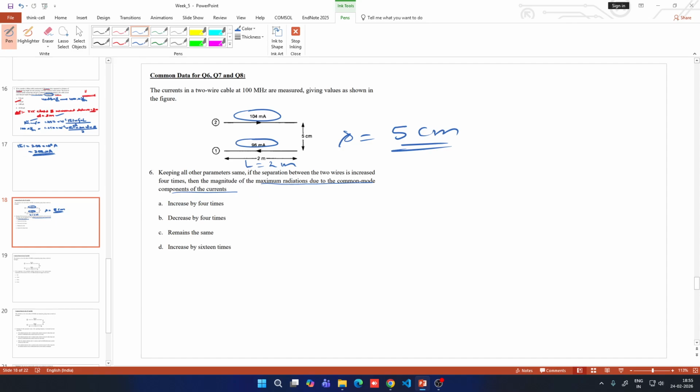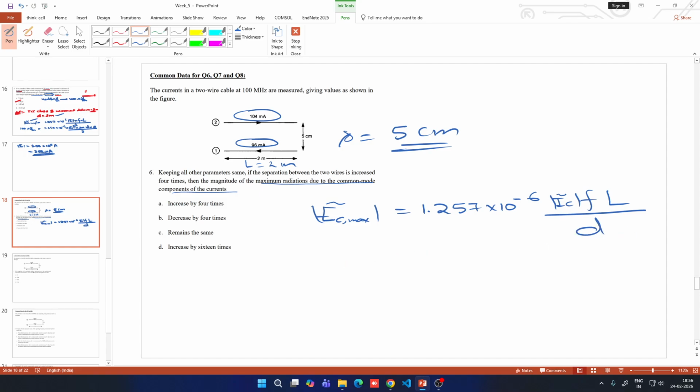What will happen to the maximum radiation? I will note down the formula here. Due to the common mode, EC max is given as 1.257 into 10 to the power minus 6, times common mode current, times frequency, times L by D.